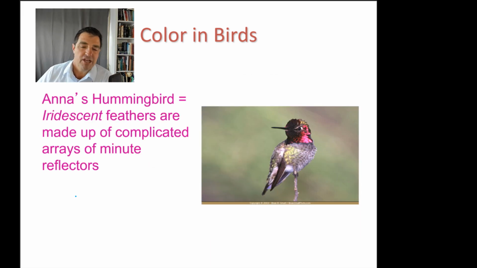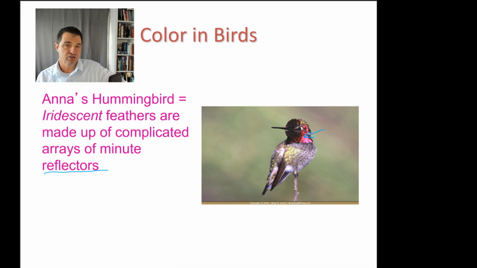If you look at a bird like Anna's hummingbird, this is a very different exception to that. In the case of Anna's hummingbird, they have these minute little reflectors, and they reflect light back to your eye. So what you're seeing, this bright red color here, is not the same as the carotenoids in the northern cardinal.